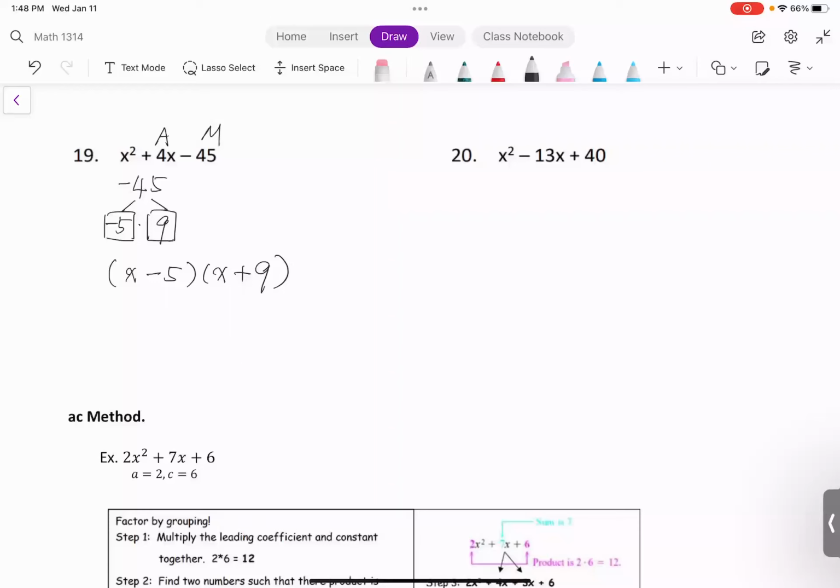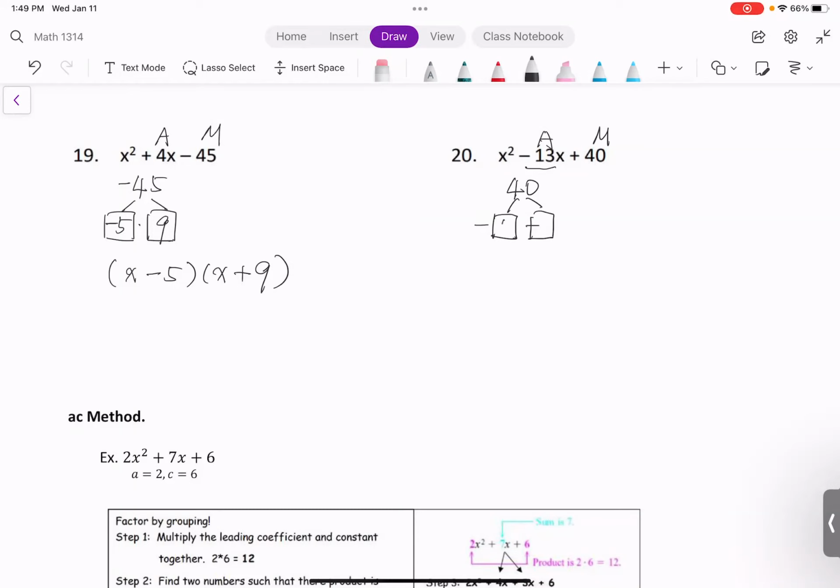And next example, put the A on top of negative 13, put the M on top of 40. The multiplication of two numbers can make a positive 40, and the addition of them can make a negative number. Multiplication is positive 40, so both of them are positive or both of them are negative. We can make addition negative 13 with both of them negative.